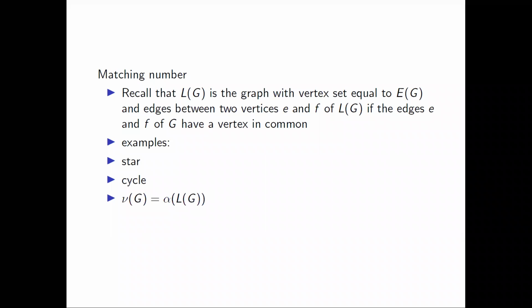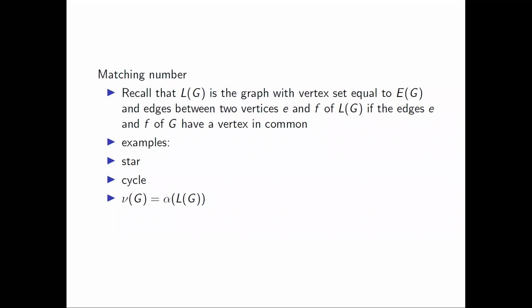And the reason why we're talking about line graphs here is because the matching number of the graph G is just the independence number of the line graph of G. And if you think about that, the reason for this is we're just trying to find a maximum set of edges such that none of these edges have any vertex in common. So a maximum set of edges in G with no vertices in common.